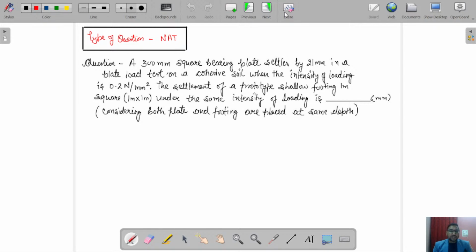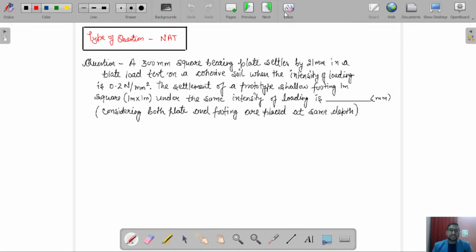It means first you have conducted a plate load test on a plate of size 300 mm. At a loading intensity of 0.2 Newton per mm square, you got a settlement of 21 mm.